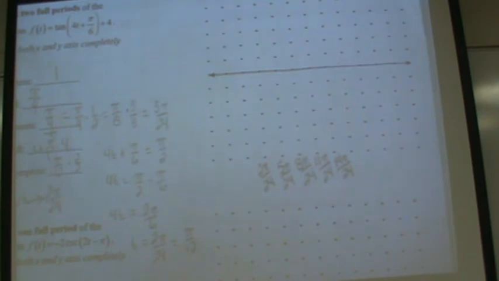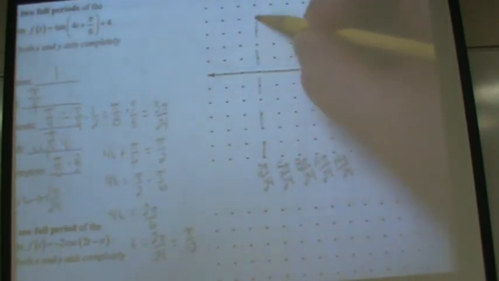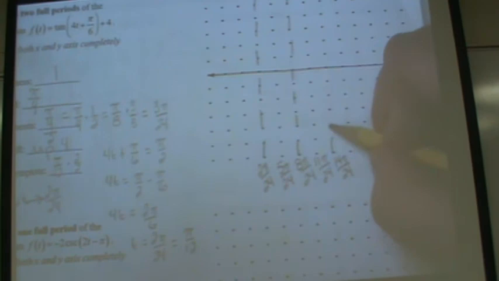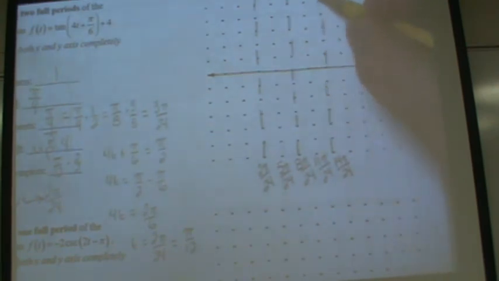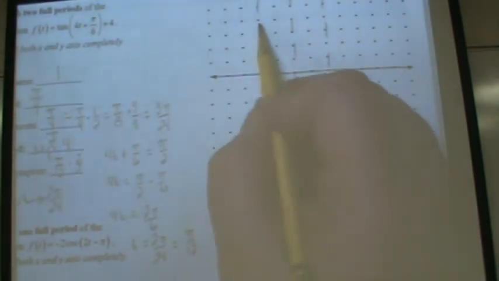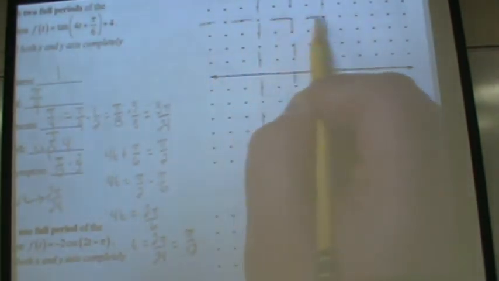So we know that we're starting at 2 pi over 24. That's where our first asymptote is. And then again, the pattern is still the same, that you skip 1, and then you have the next asymptote. So there are your asymptotes. We have that vertical shift up 4. So we have a new x-axis up 4.